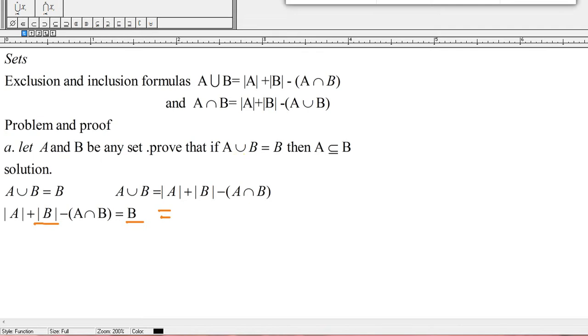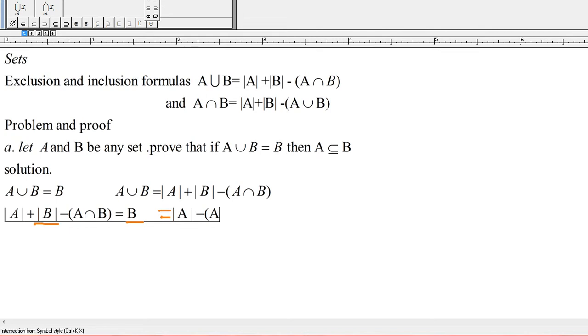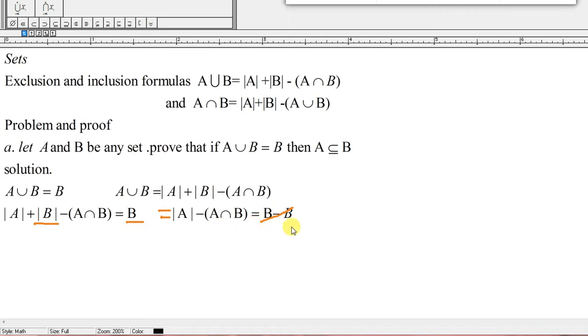We have modulus of A minus A intersection B is equal to B minus B. So it's B minus B. Of course this one goes to 0, this one goes to 0, and then we are now having A minus A intersection B.